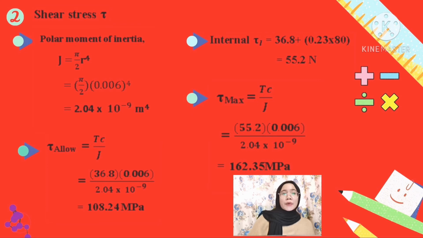From then we can calculate tau max. So tau max equal to Tc per J. So T is the value that we calculate from the internal torque, which is 55.2 multiplied by 0.006 divide by 2.04 multiply 10 the power of negative 9, and then we get 162.35 megapascal.